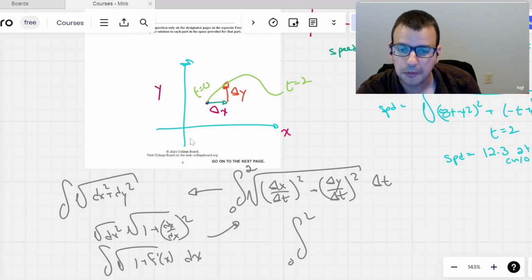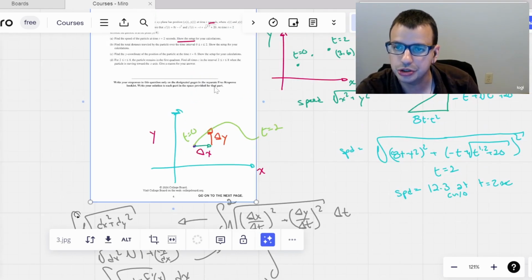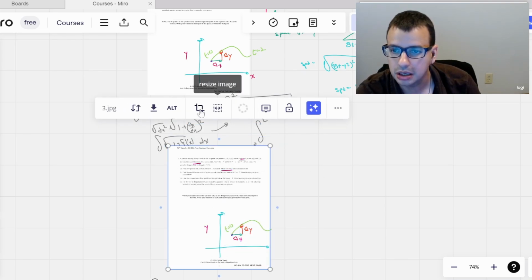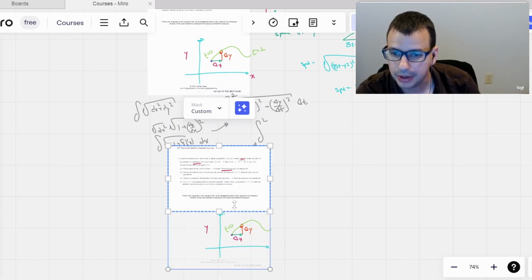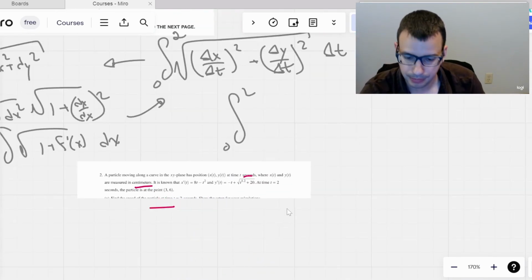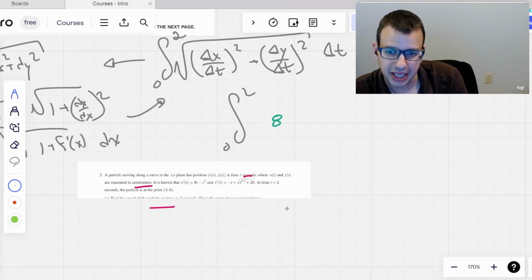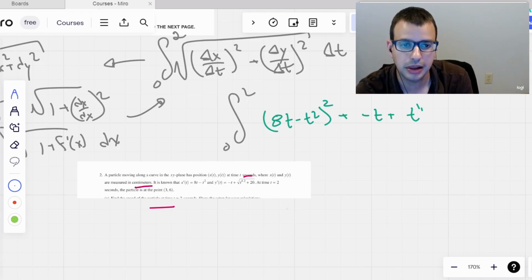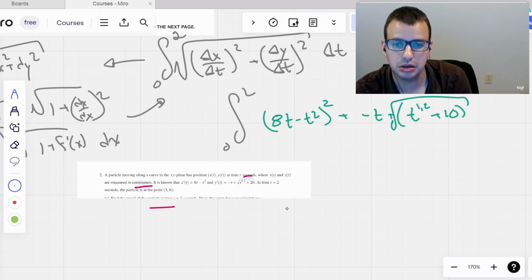So from this point, we're going to copy, paste, do some cropping, and we're going to have the square root of (8t minus t squared) squared plus (negative t plus t to the 1.2 plus 20) squared, dt.